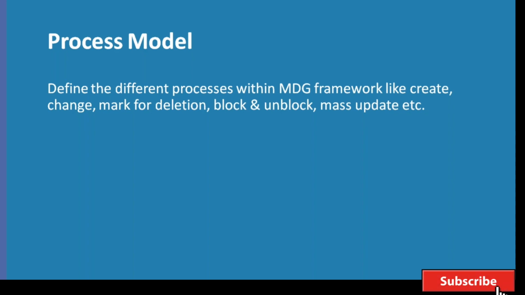And then we have mass update. Mass update means you have more than one vendor. It's not possible that for every single vendor you go and mark them. So you have to select them in one go, and then you have to change certain field values.